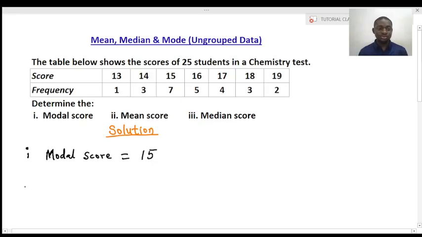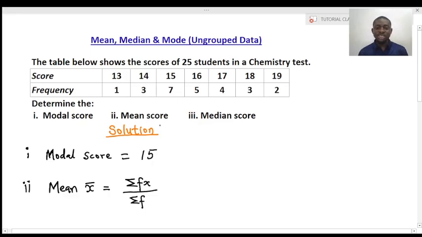Now, the second part is that we should find the mean. The mean is always expressed with this bar, x bar, and the formula for the mean is summation fx divided by summation f, where summation f means the addition of all the frequencies, while summation fx is the total of the product of each score with its frequency.